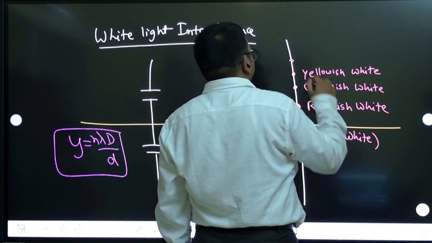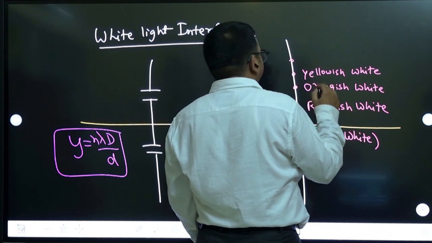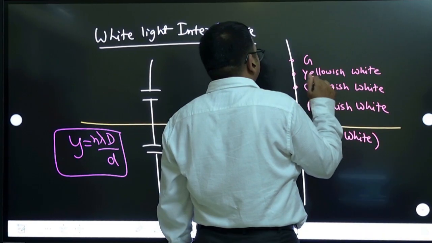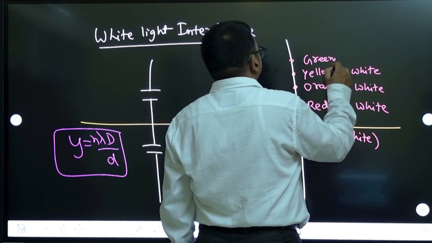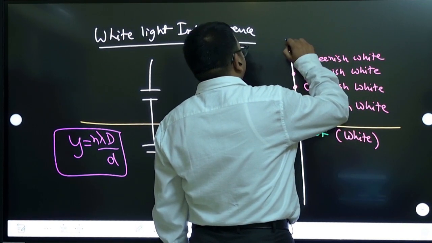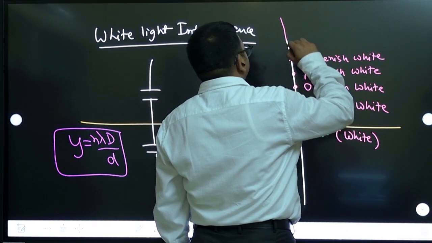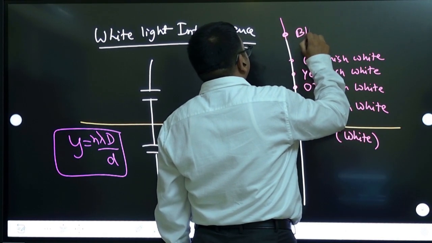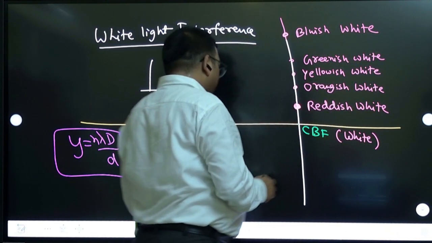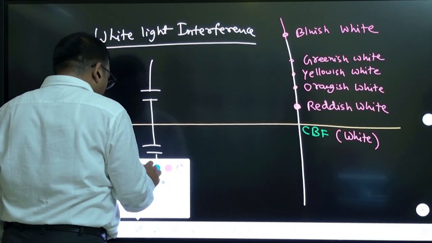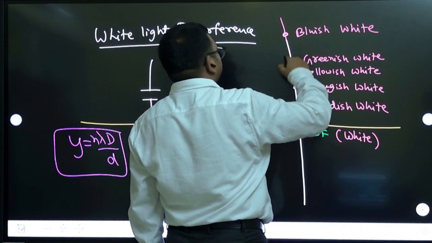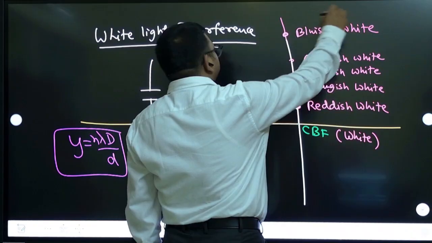Then violet, indigo, blue, greenish white, like that. Similarly all that white will be coming. Then last here, bluish white. This is the pattern you have to note. So violet, indigo, blue, green, yellow, orange, red; you can count from here.